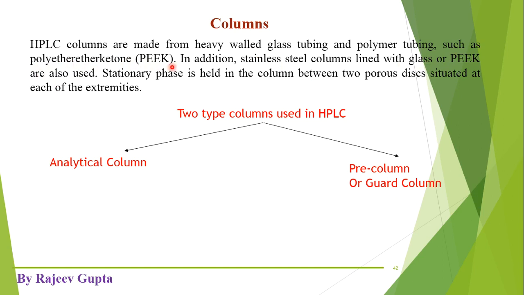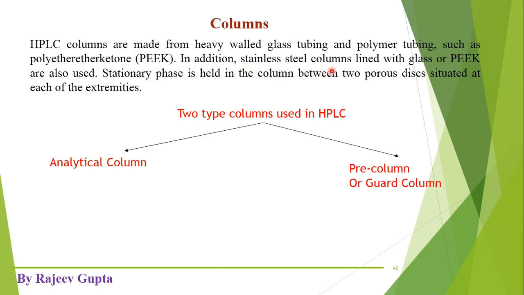So these types of polymer tubings or polymer coatings could be present inside the column. This is PEEK, that is polyether ether ketone.